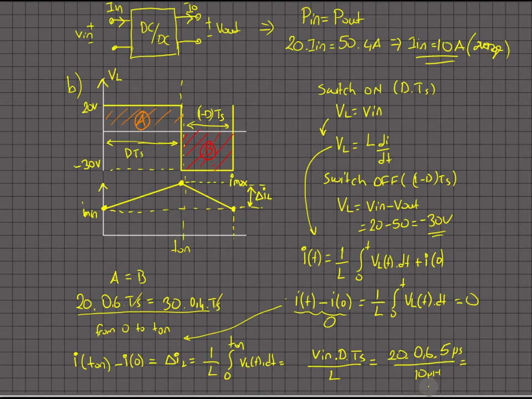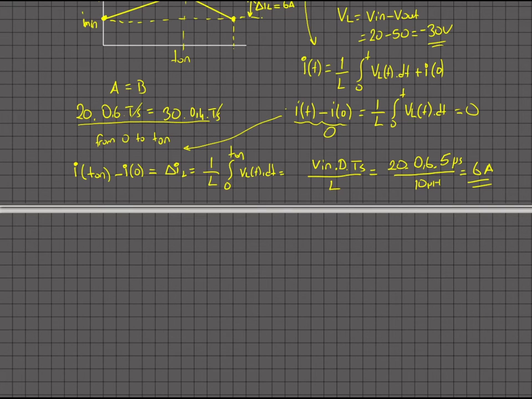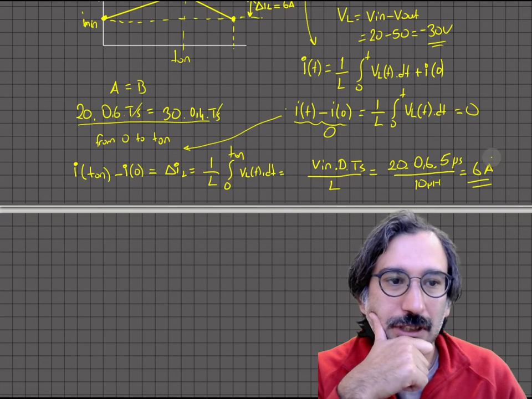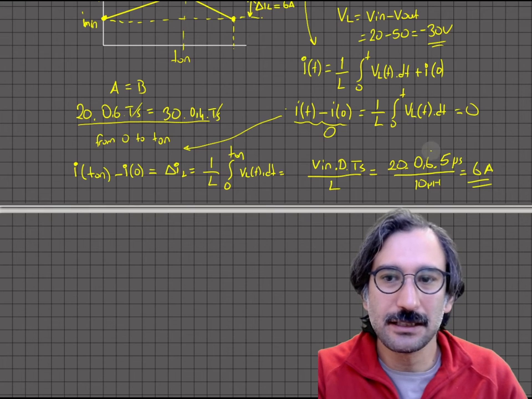And you can easily calculate it, and you can find that one as 6 amps. So from minimum to maximum, there is a difference of 6 amps. Actually, you can double check using the other calculation here. It should give us exactly the same result. So I know the difference is 6 amps.